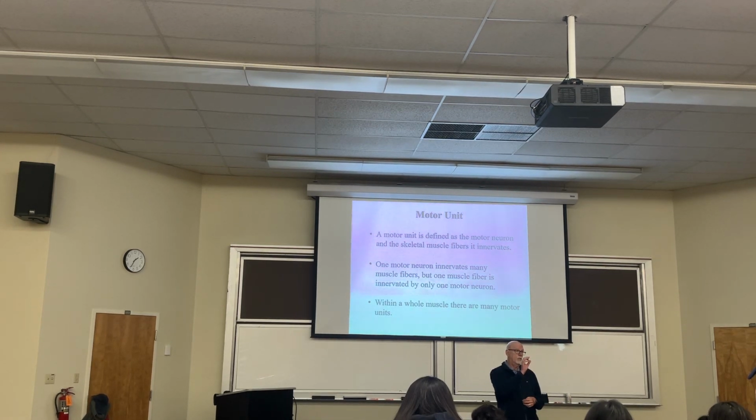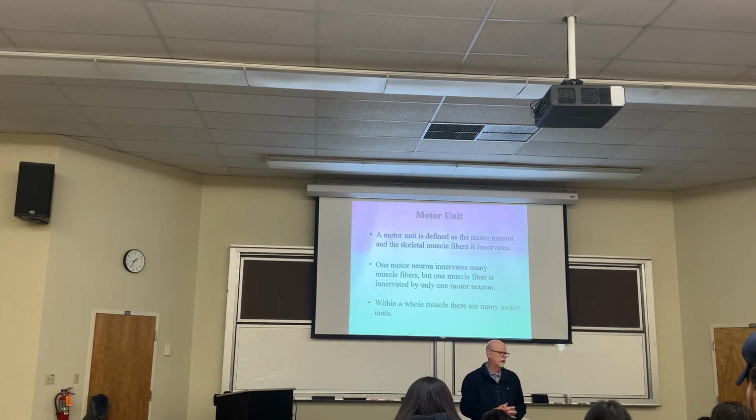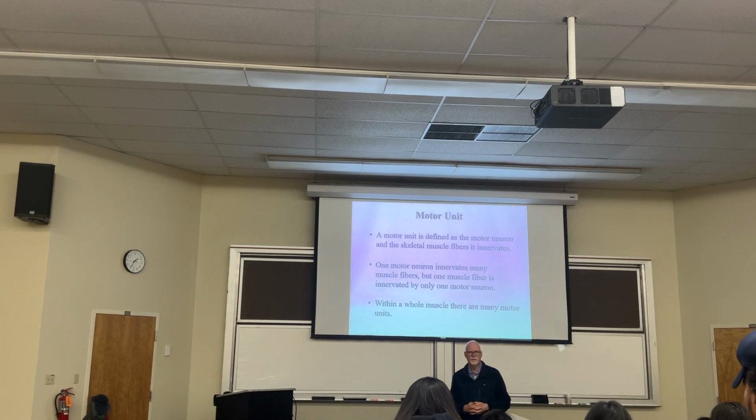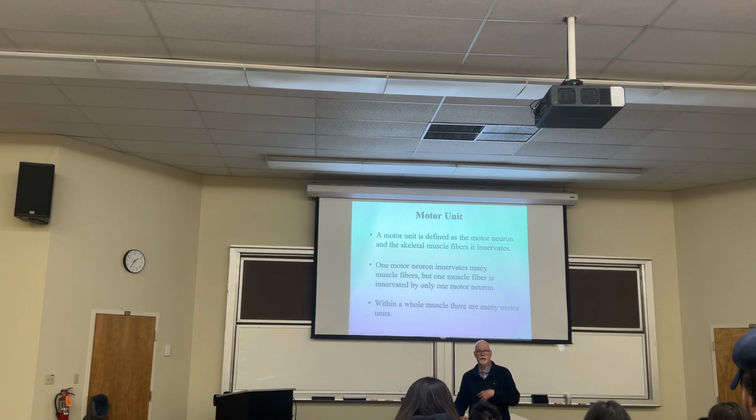Instead, one motor neuron innervates a subclass of the muscle cells in the muscle, and then you have another motor neuron that innervates some others, and that pattern is repeated.